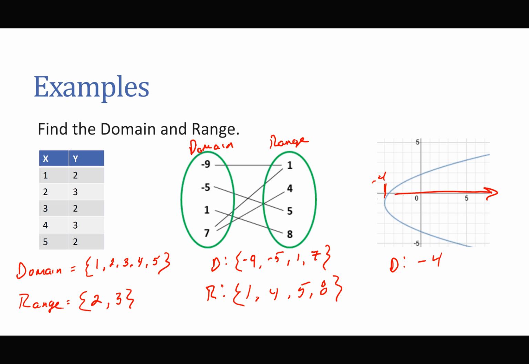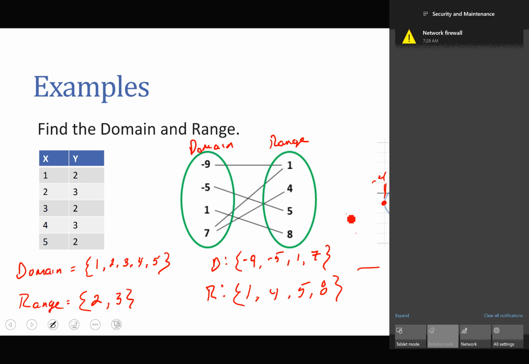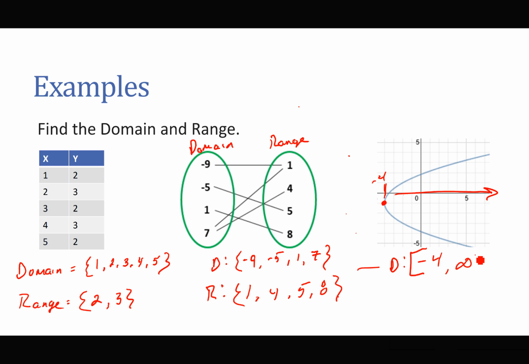I could say -4 inclusive, because there's a point right here at -4, all the way out to infinity. I'll put a parenthesis around infinity.